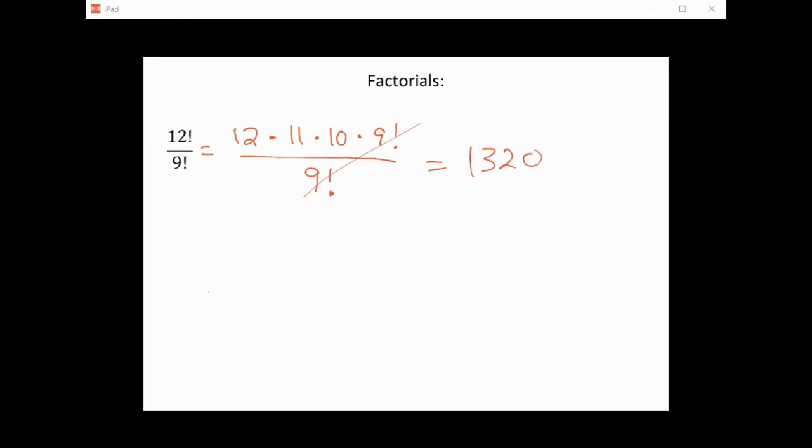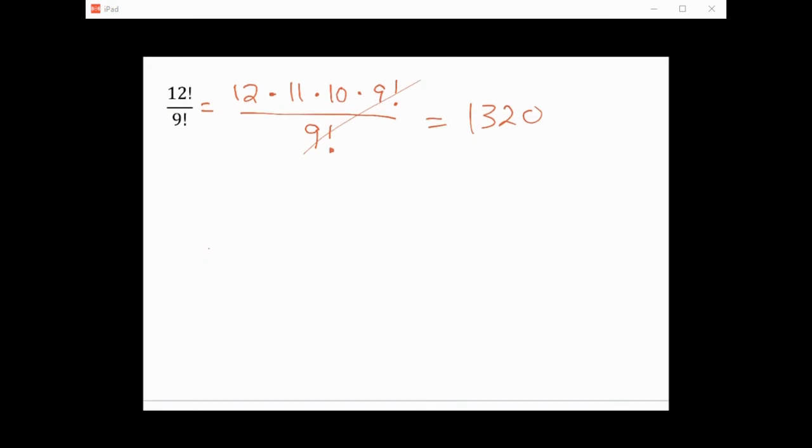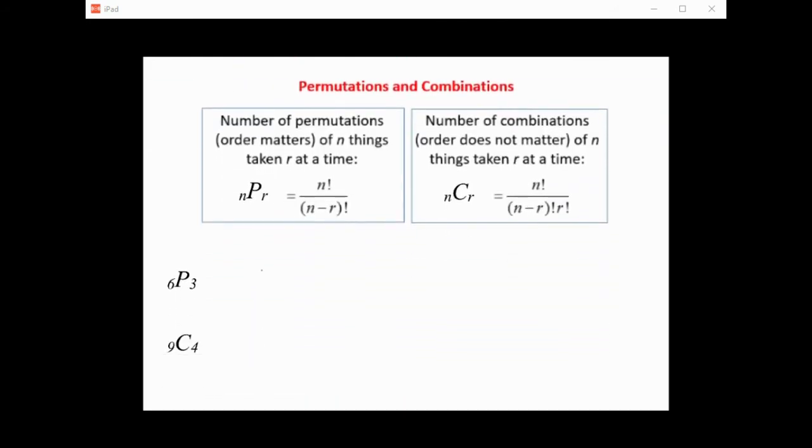Anyway, so that's kind of like review from yesterday. This is the new stuff.